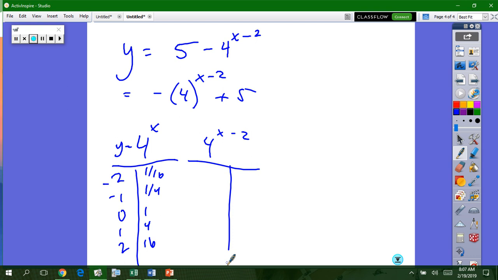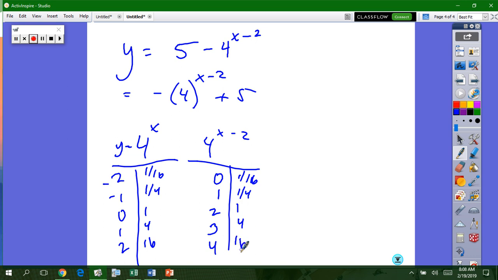So is that my x's or my y's? Because you said right 2. X's. So I take all my x values and I move them to the right 2. And they should give me these same values. If you don't believe me, we can check them.